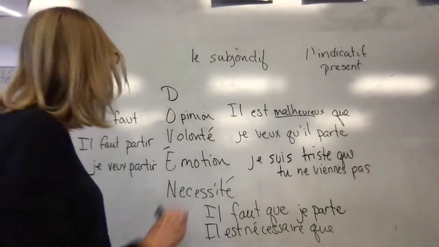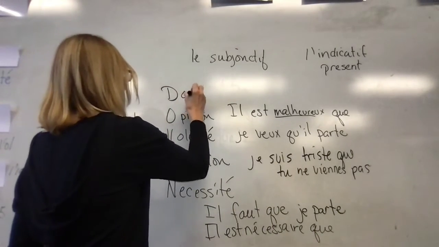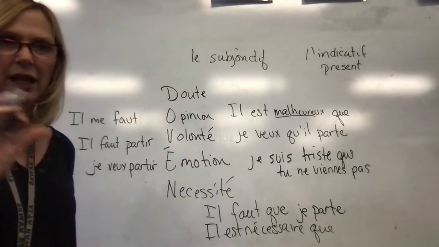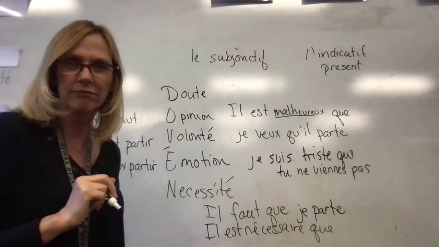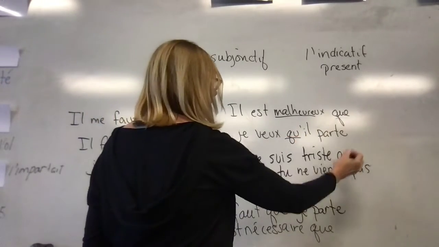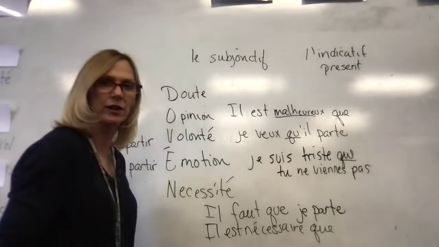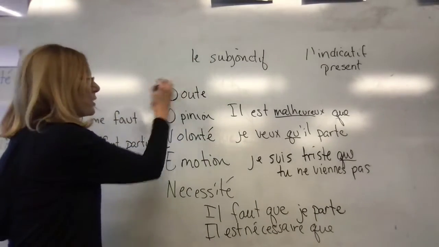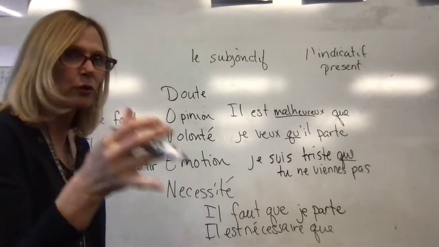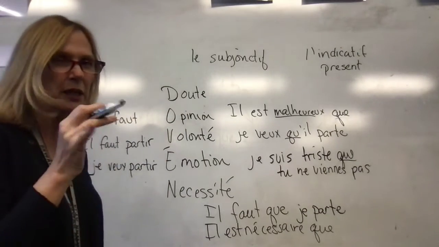Okay? So then the last one, I do this last even though it seems to be the first, doute, because it's the one that has the most problem. Normally, you can look for the que and know that you are in the subjunctive. But there's a few expressions when we're talking about doubt that will push you back into the indicative that you have to be careful of.